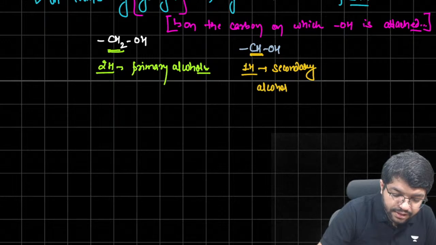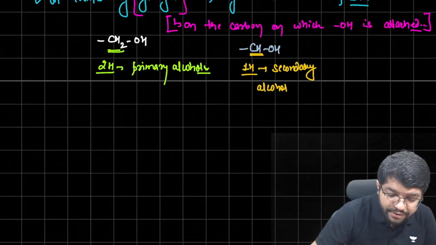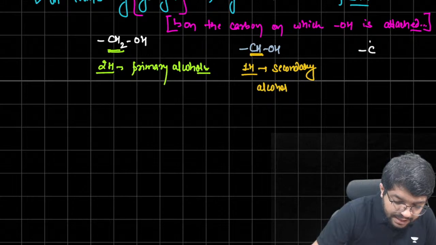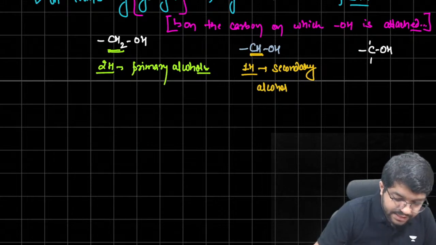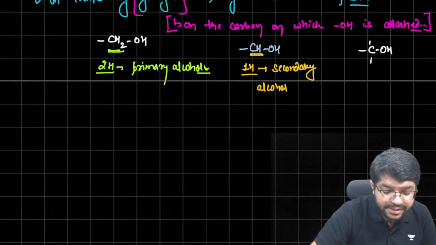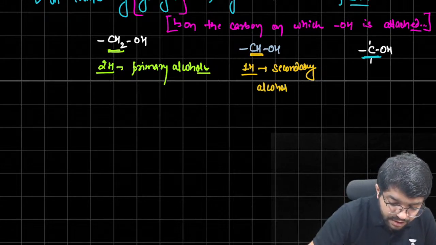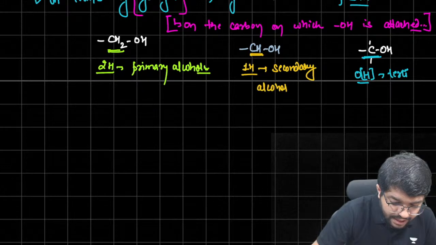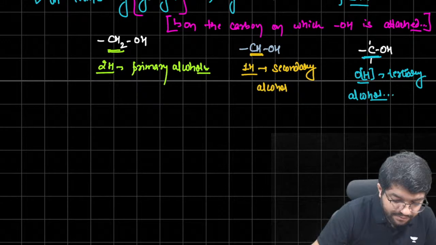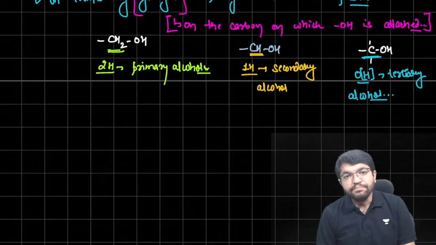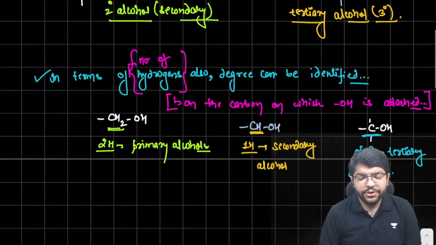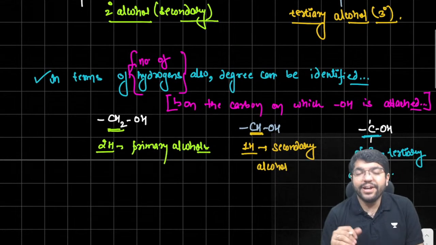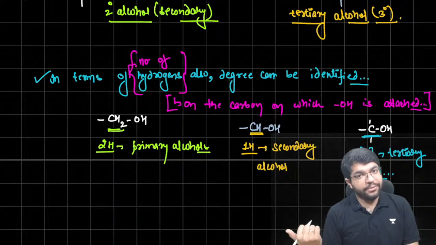And last but not least, if I have no hydrogens, which is COH, zero hydrogens, I call it a tertiary alcohol. Now this is going to be my first concept in this chapter. I hope this is a little clear to you. Number of hydrogens also can be used to figure it out.